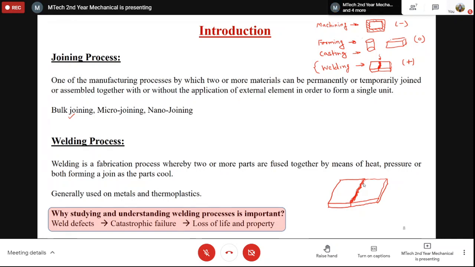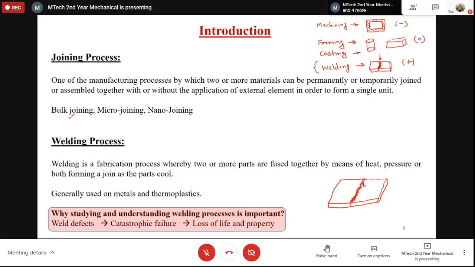They can result in a decrease in the quality of the joint. And when these joints are placed in service, a catastrophic failure can happen.